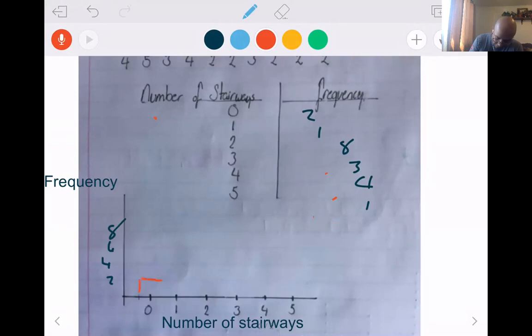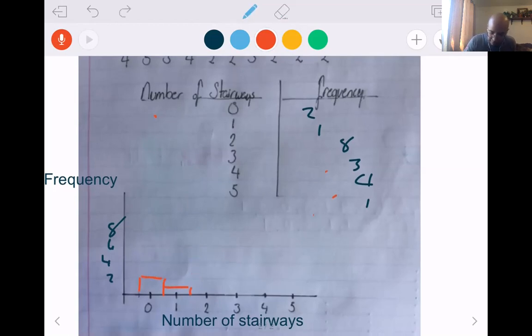I made my first bar. 1 was 1 person, so that's going to be down here. 2 was 8, so that's going to go all the way up here. That is very bad. There we go. So it's going to go all the way up to 8.